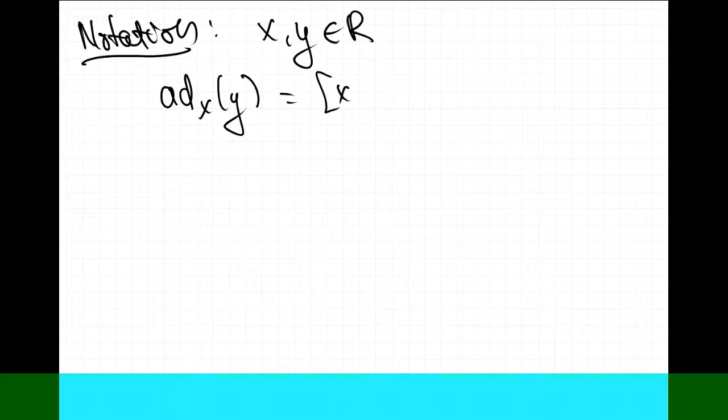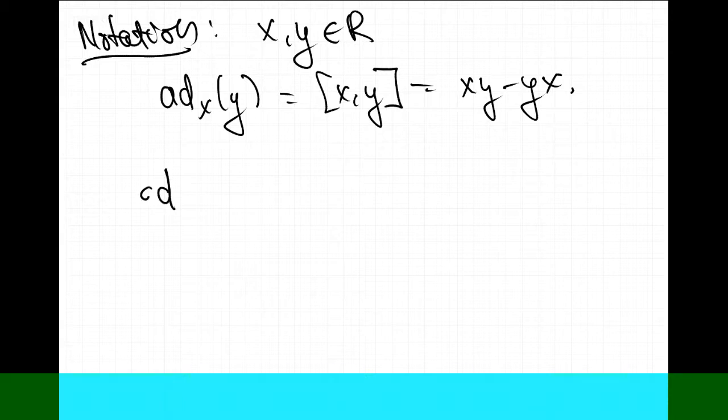If we have two things in this ring here, then the adjoint action of x on y is just this commutator, which is just xy minus yx. That's one of the things that I wanted to say. Then if I wanted to iterate this, let me give an example.